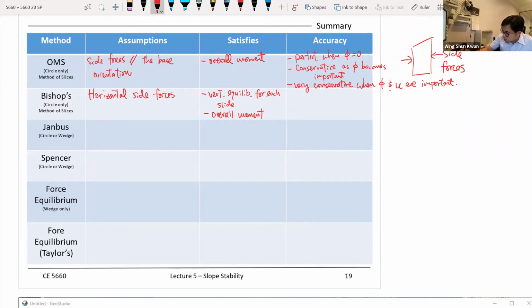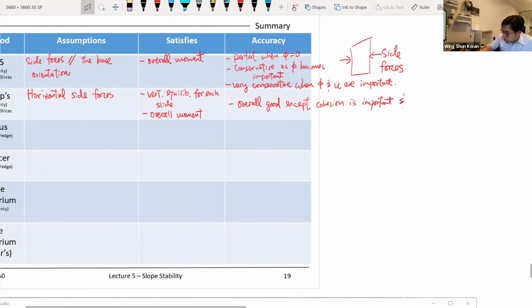For the Bishop method, it is overall good, except when cohesion is important and the deep rotation failure.